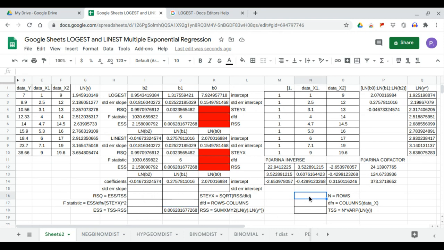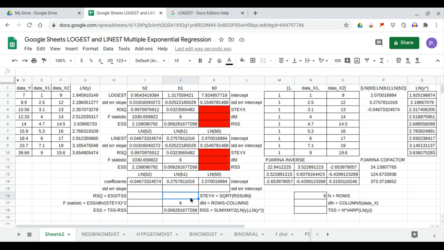Before we do that, we calculate the population, which is the rows of the 1 comma x matrix. That's our population. Now we can calculate degrees of freedom, which is rows minus columns of the 1 comma x matrix. 6. Our degrees of freedom match our LINEST and LOGEST output.